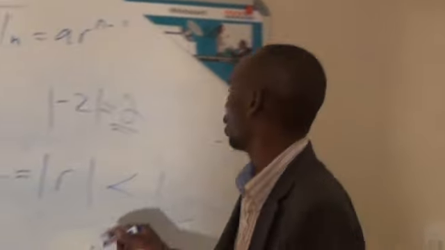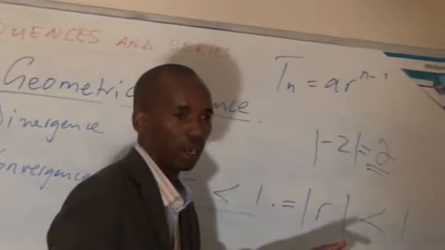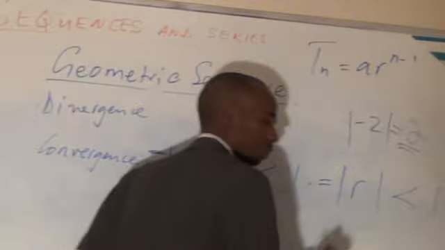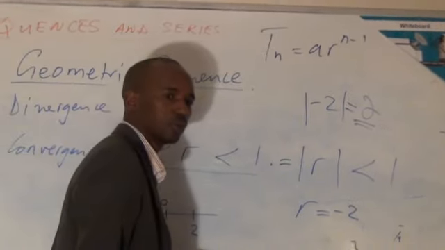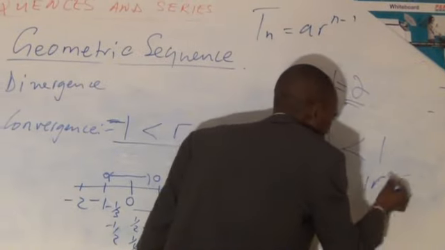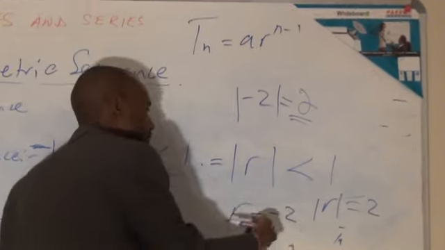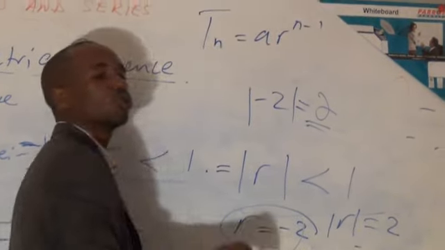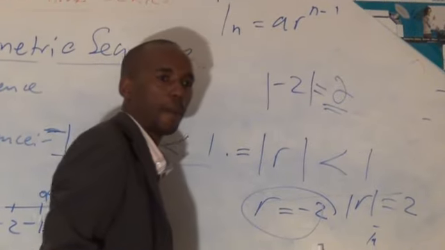So if we say the modulus of R is less than 1, what does it mean? If R is equal to minus 2, the modulus of R is equal to 2, which means that such a sequence has to diverge, because obviously 2 is not less than 1.